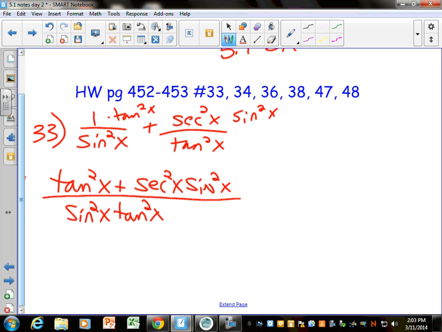I think if I was doing this, this is the place to start, because tangent squared is already by itself. These I can't do anything with. I mean, you could change this to sine over cosine, but it doesn't cancel out. It'd be great if that was cotangent, but it doesn't. What can I rewrite secant squared as?